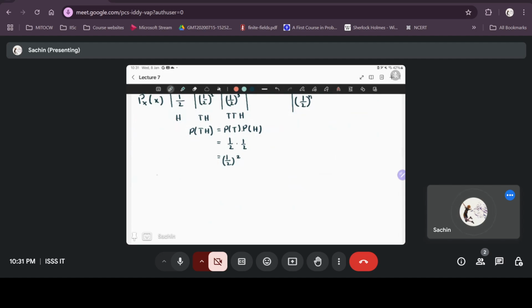Now the values that X can take belong to script X, where script X is the set of natural numbers denoted by N.